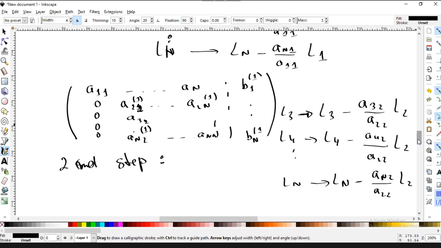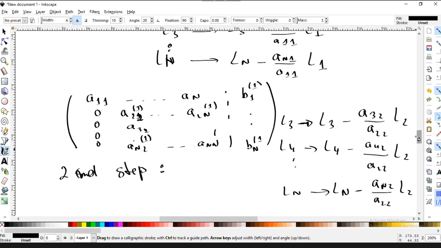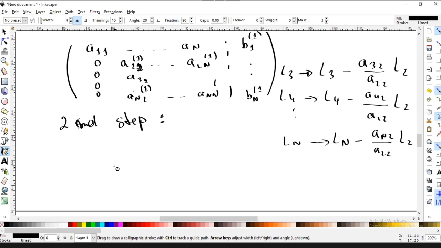Okay. So after the second step, what I will get is A11, B1. These remain unchanged, but I will put an index 2 here. These remain unchanged, and for the second line also, it's the same as before, right? So let's still put an index 2 here.